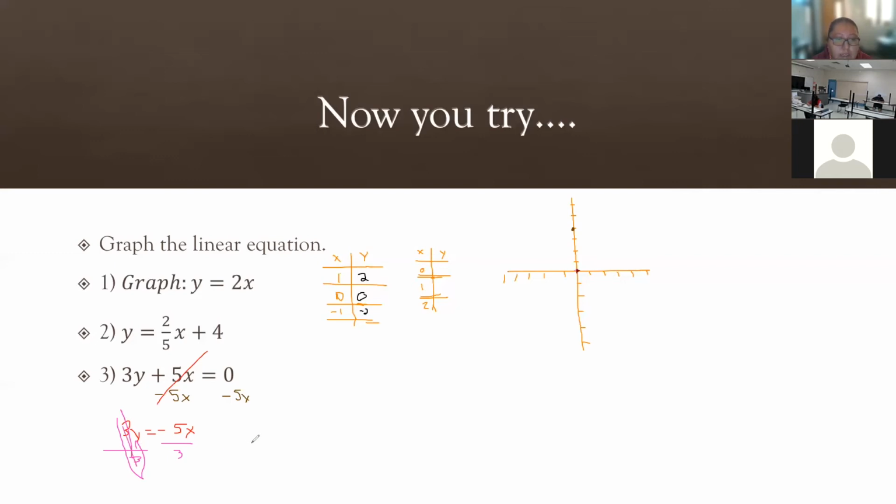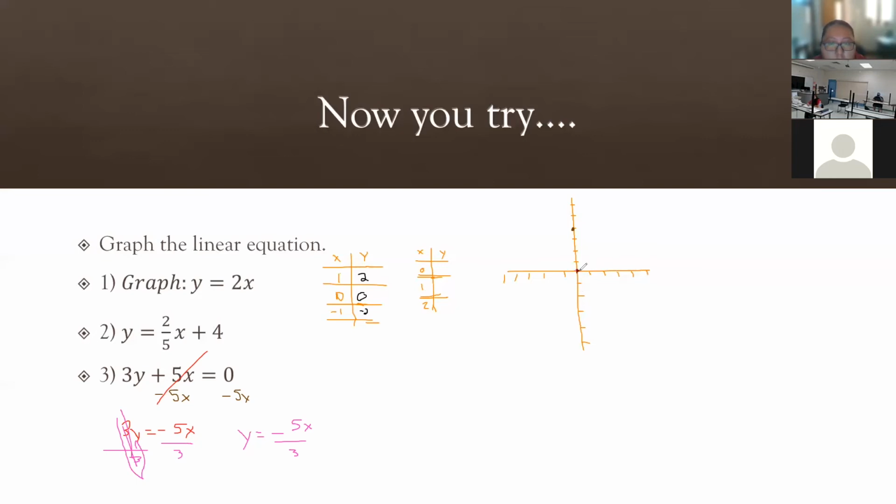And we're going to rewrite it again on this side. So y is equal to negative 5 over 3x. Then it stops right here because it has no intercept. This is what we have.